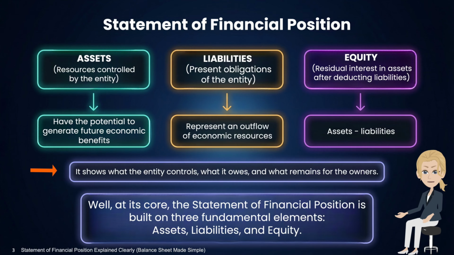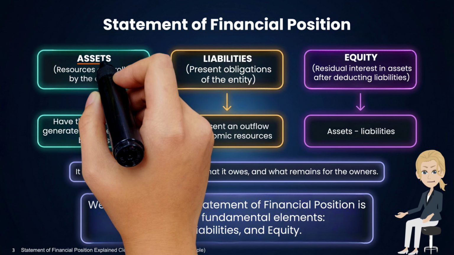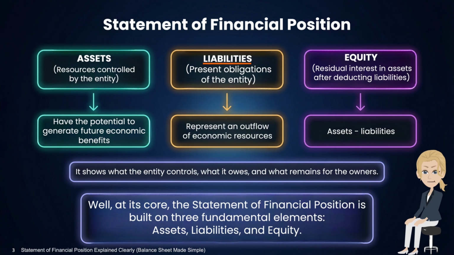To understand this more clearly, every entity can be broken down into three fundamental elements: assets, liabilities, and equity. These three elements together form the foundation of financial position. They help us understand what the business has, what it owes, and what ultimately belongs to the owners.